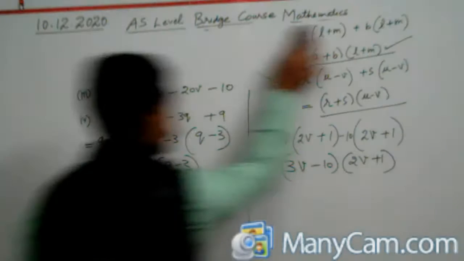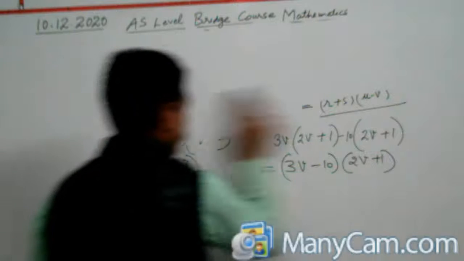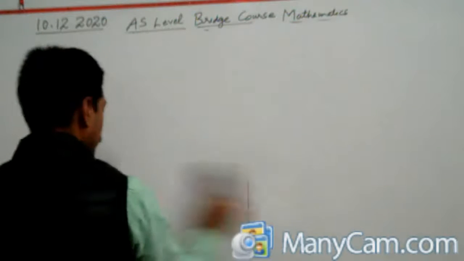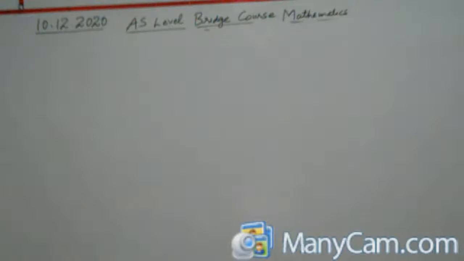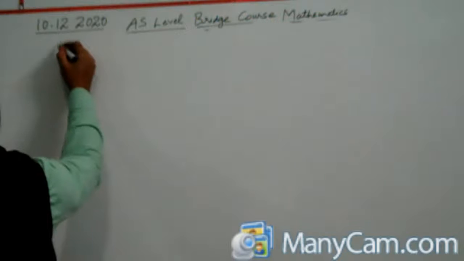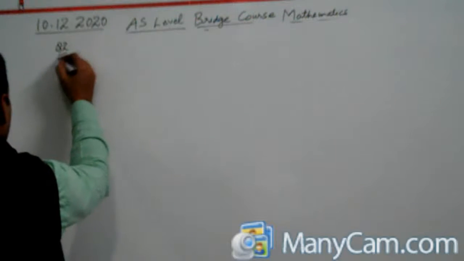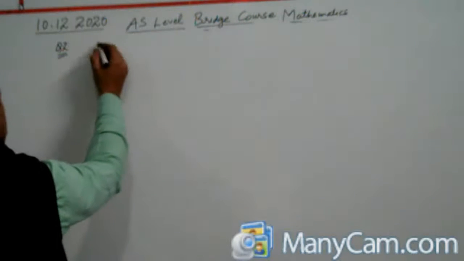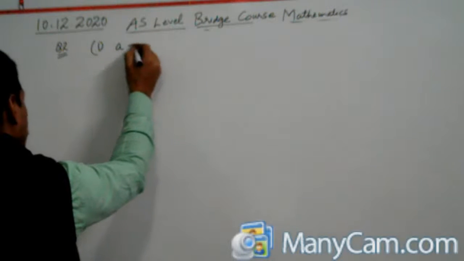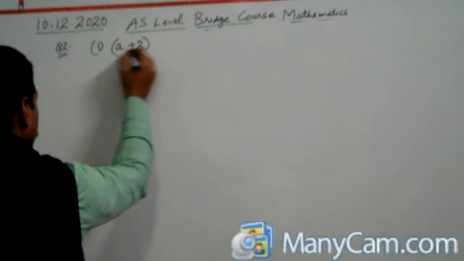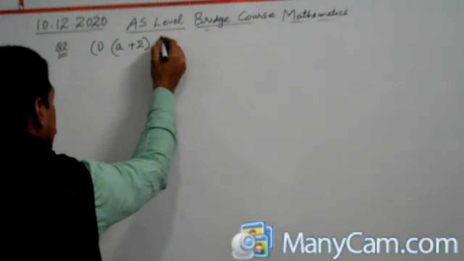Question number 2. Again, there are so many parts. I will take only 3-4 parts. Multiply out the following expression and collect the like terms, right? First is a plus 2 into a plus 3.